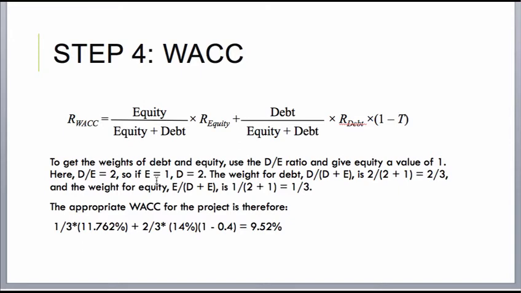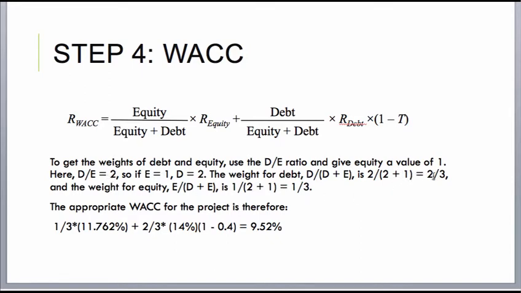The important thing is that we need the weights of debt and equity, but the question did not give you the amounts of debt and equity. How could we do that? Well, we can use the D/E ratio to calculate the weight of debt and the weight of equity. The D/E ratio for the Sugar company is given as 2.